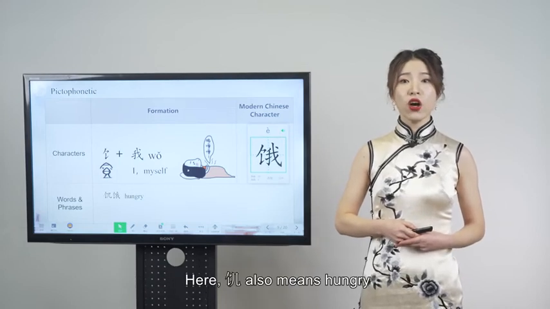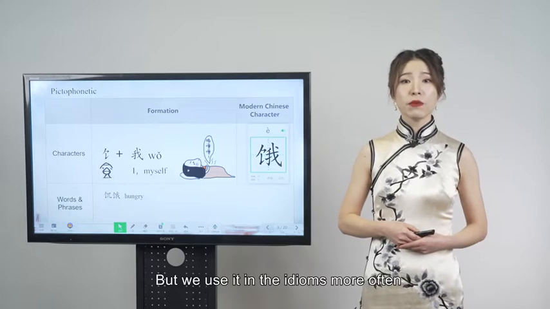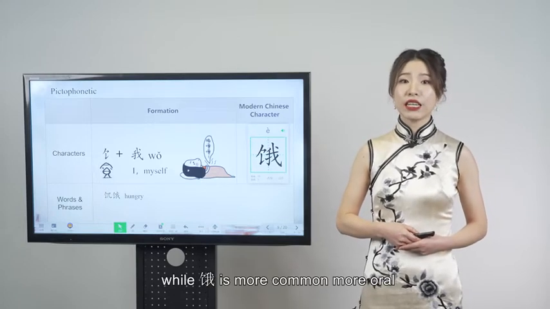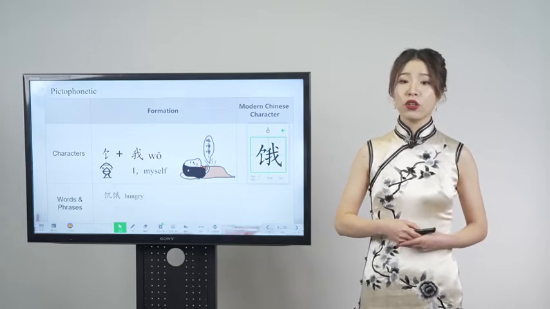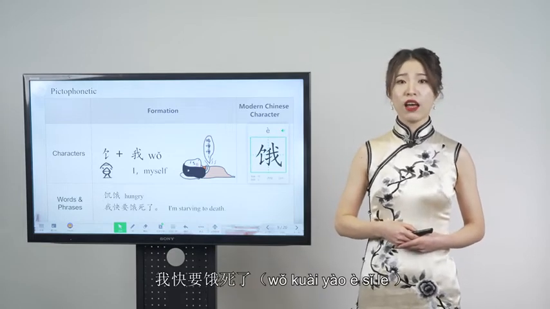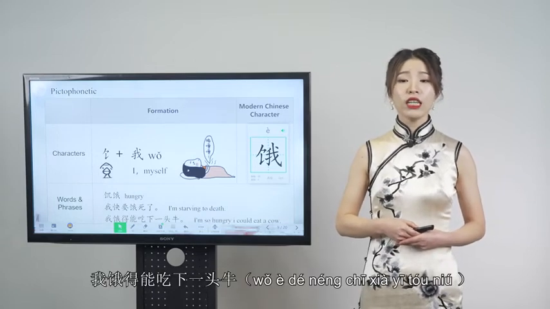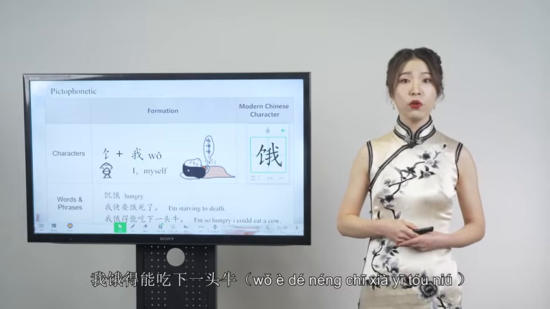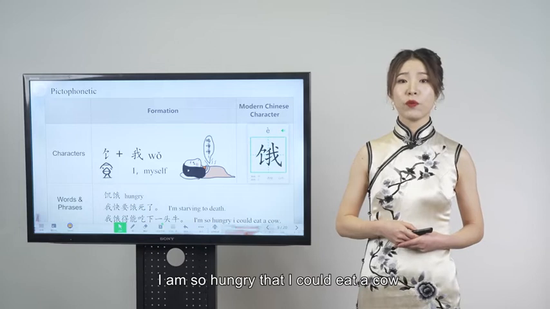Here, 饥 also means hungry, but we use it in the idioms more often, while 饿 is more common, more oral. For example, 我快要饿死了. I am starving to death. 我饿得能吃下一头牛. I am so hungry that I could eat a cow.